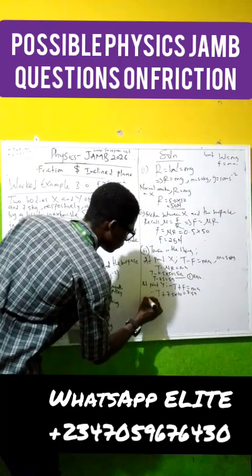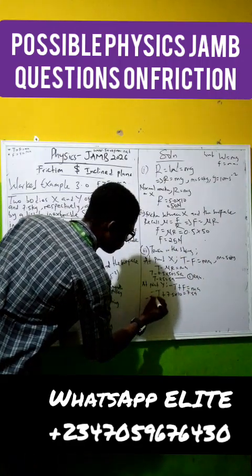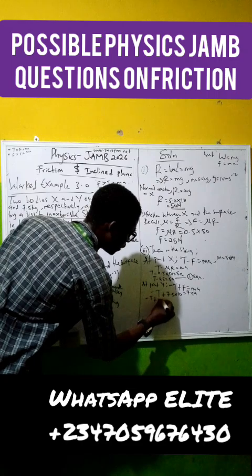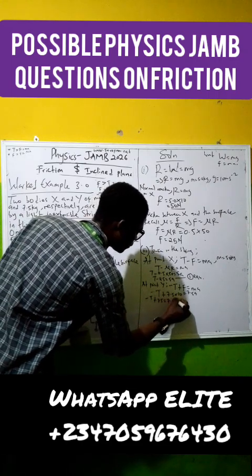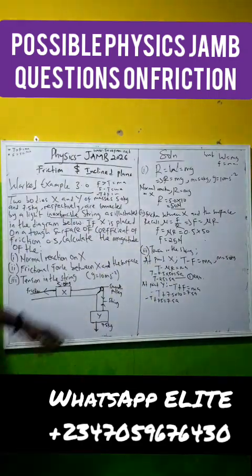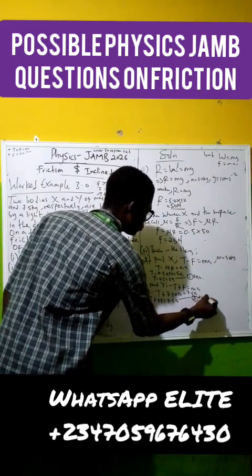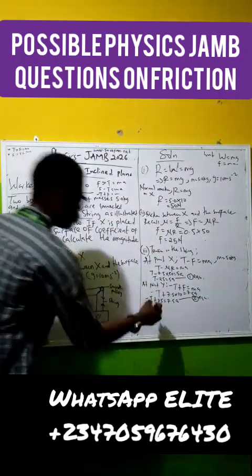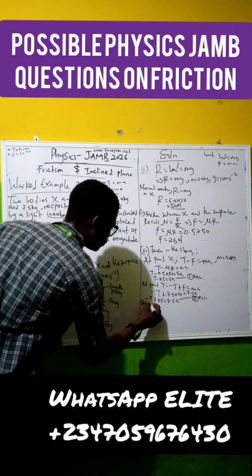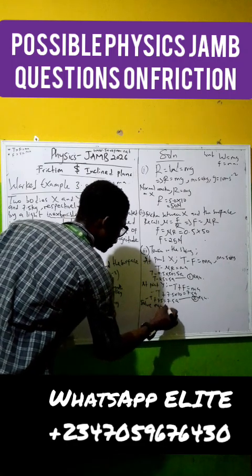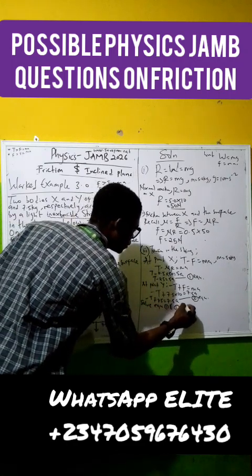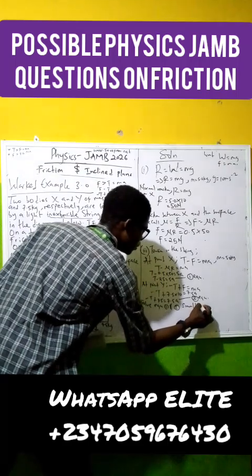So this is going to be minus T plus 75 equals 7.5A. Alright, so we are going to solve this simultaneously. This is equation 2. So I'm going to solve equation 1 and 2 simultaneously.